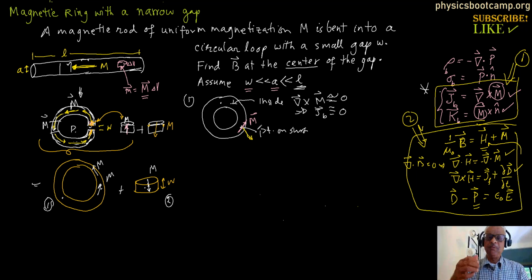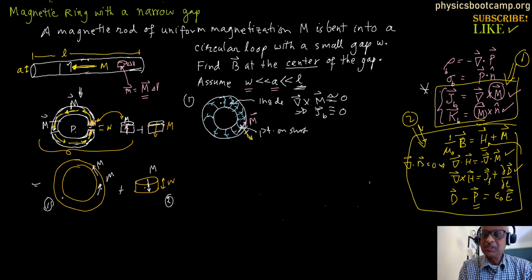So if I want to do M cross n, you will get a current that will go here, and then it will be a current going around. So you can consider this to be a surface current going like that all around.